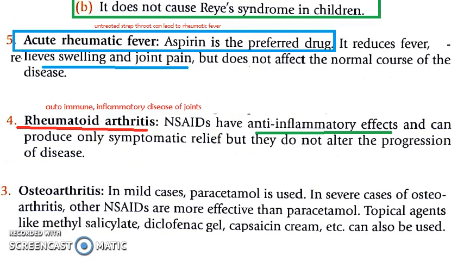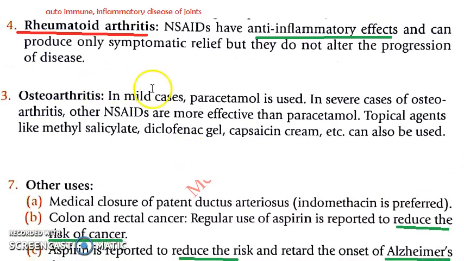Now there is another type of arthritis, osteoarthritis. In mild cases, paracetamol is used. In severe cases, other NSAIDs are more effective than paracetamol. So you will use NSAIDs in severe cases of osteoarthritis.